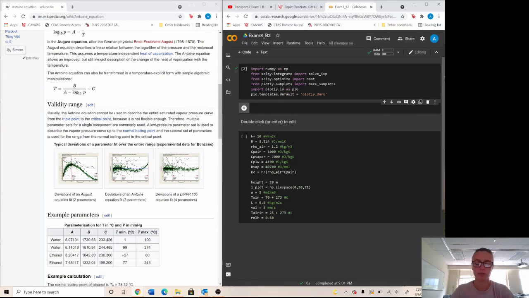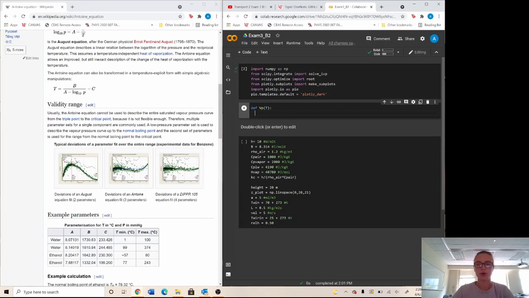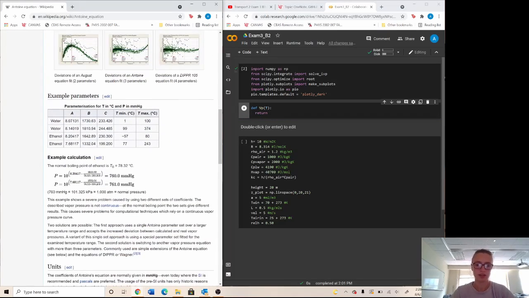So I'm going to define a function, and I'm going to call it vapor pressure, so VP, and the variable for this is temperature. So now I'm going to return the Antoine equation. So if we go down here, we see that we have it solved out for us. So the vapor pressure is equal to 10 to the power of the A value.